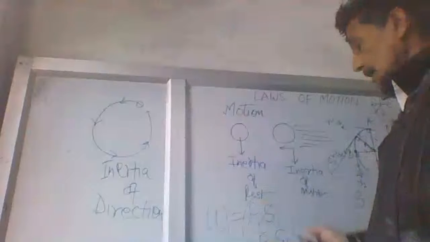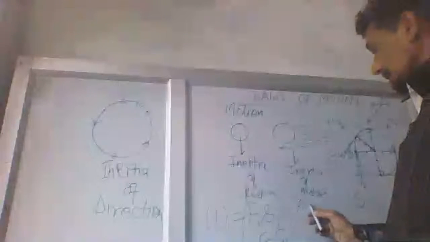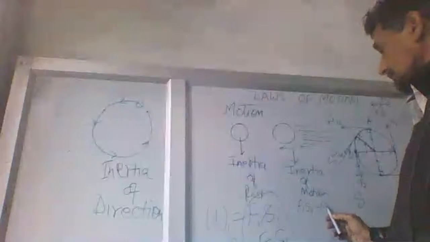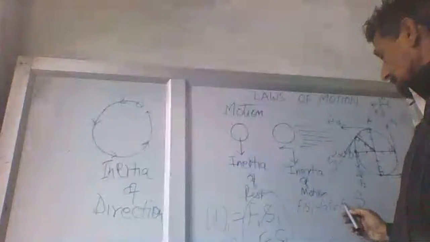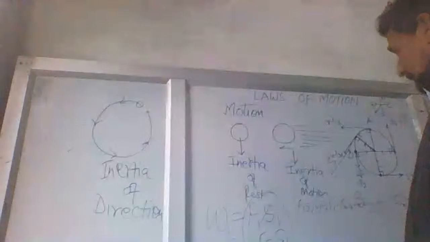If they all are taken together, then F1 S1 is equal to F2 S2 is equal to F3 S3, up to Fn Sn. This is only an example. This is not a truth.